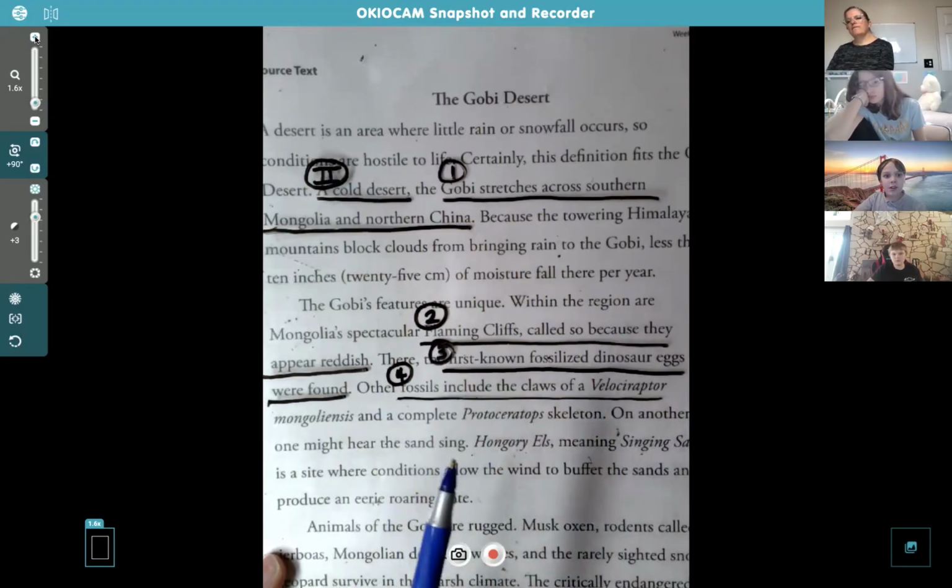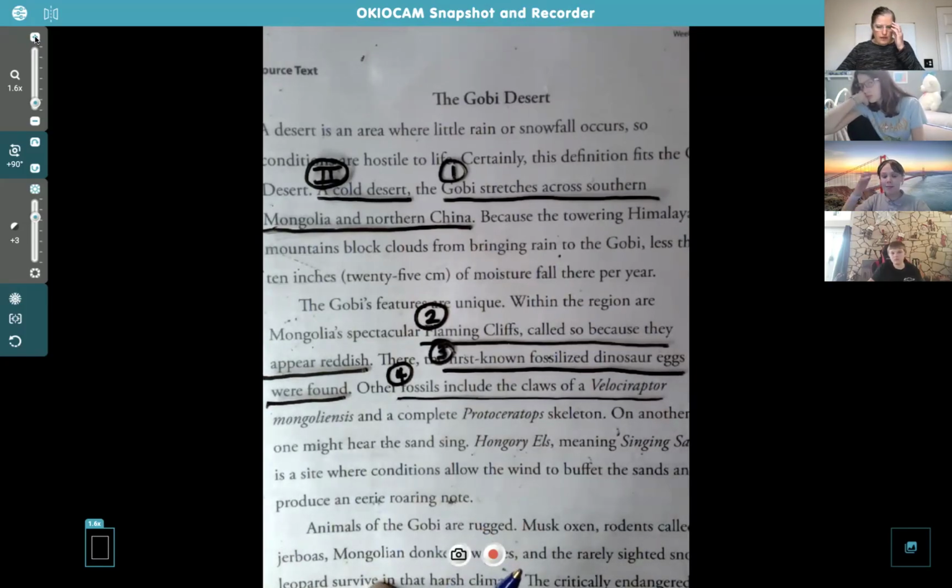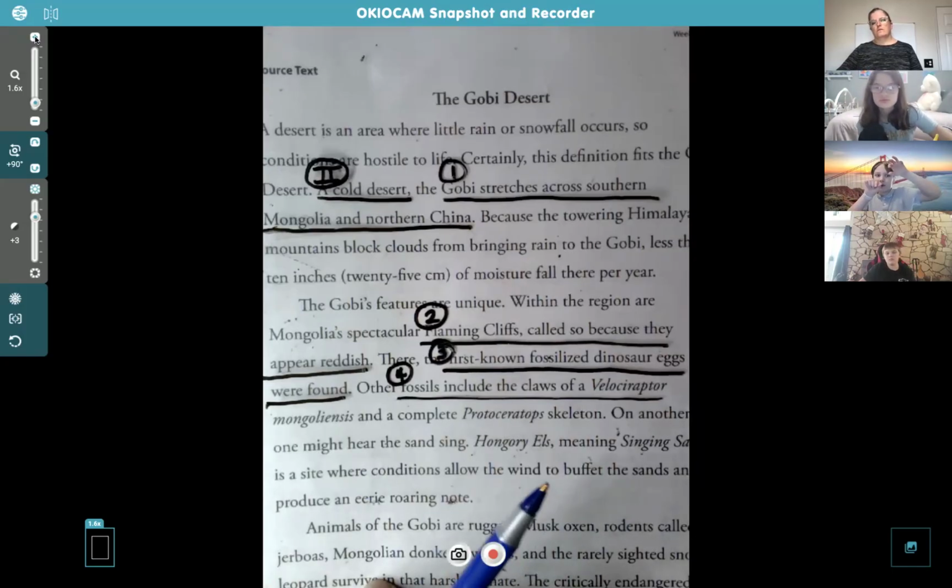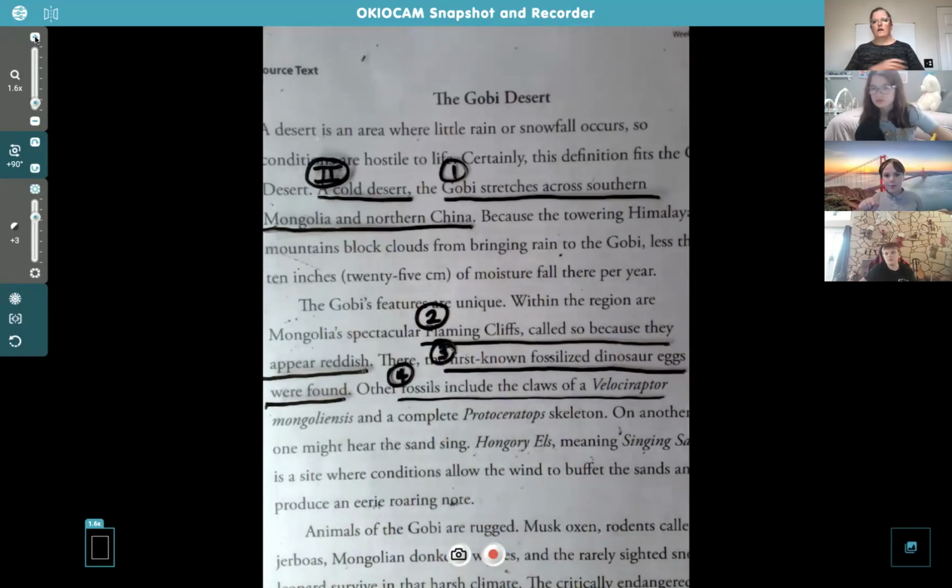We could do flaming, or a flame, and we could do kind of an upside down L for the cliff, with bumpy edges on the bottom to make it look like a cliff.